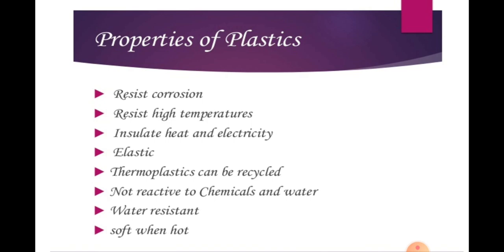Plastics are quite cheap and easily made. Plastic is light, strong and durable also. And being lighter than metals, the plastics are also used in aircraft, spacecraft and normal cars. It has good strength also.